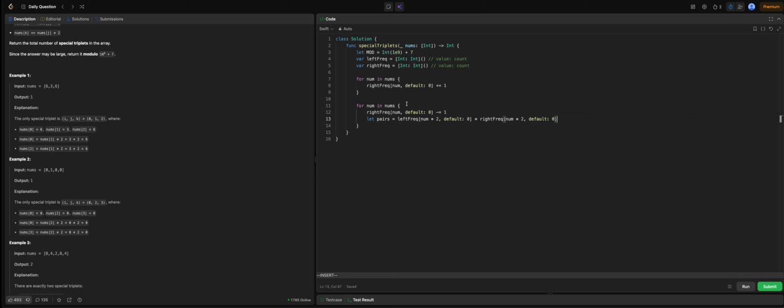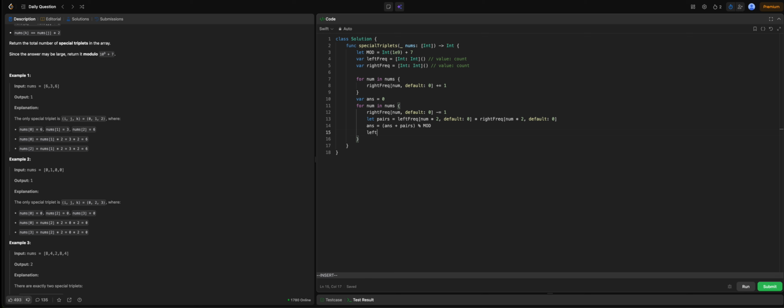So instead of scanning the whole array again and again, okay, let me finish the code first. So if we can find it, I will need one variable here. Let's call it answer, which is initially 0. And then I will update the answer with the pairs and then modulo of our given value.